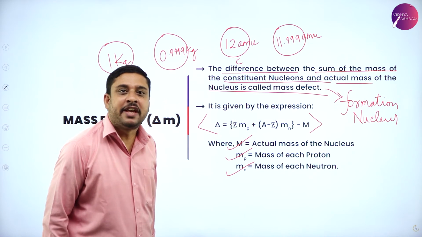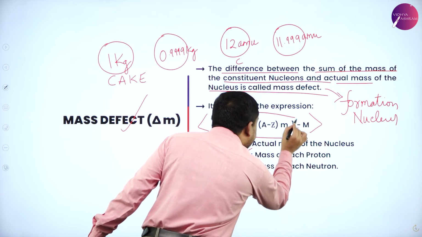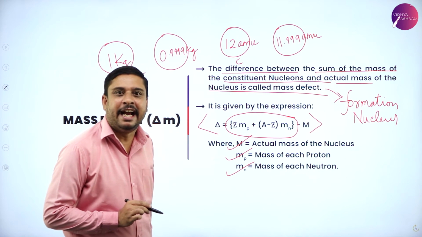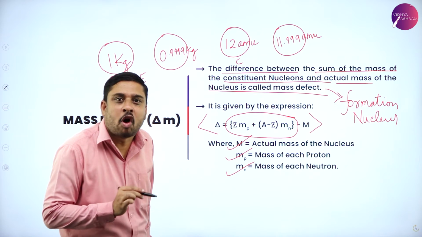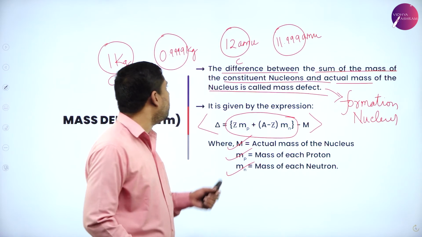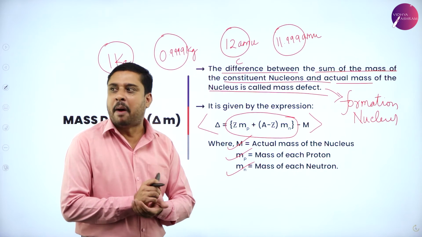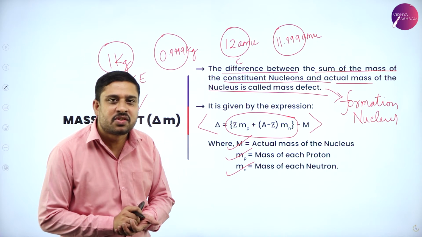Mn is the mass of each neutron, which means the terms inside the bracket is the sum of the mass of the nucleons minus the actual mass, called mass defect. So what is mass defect, students?